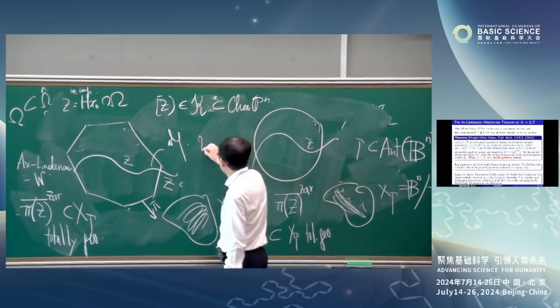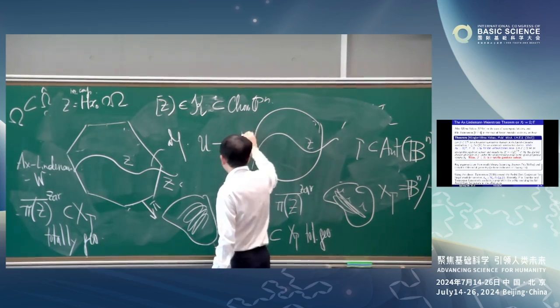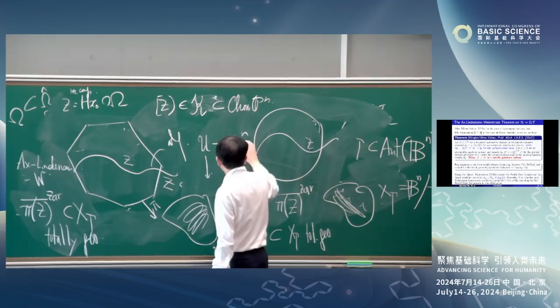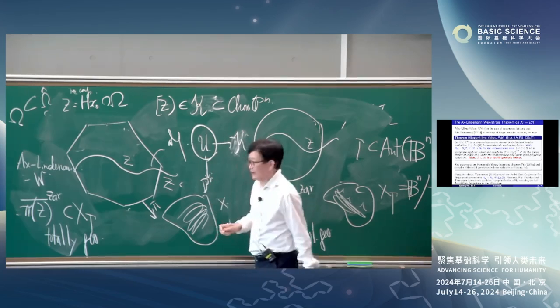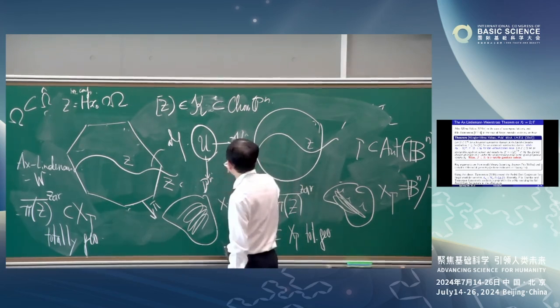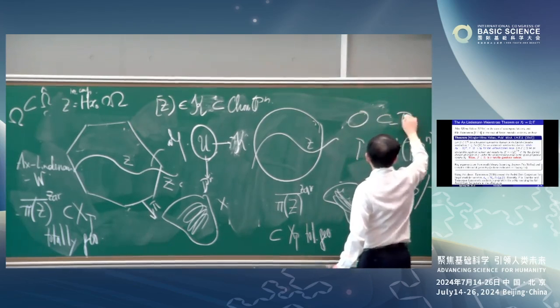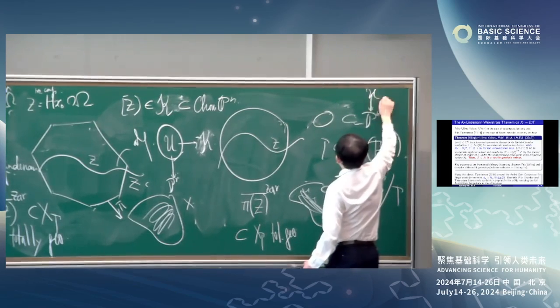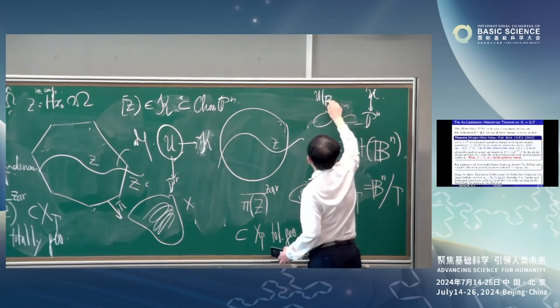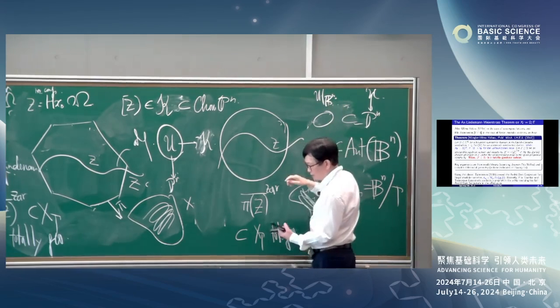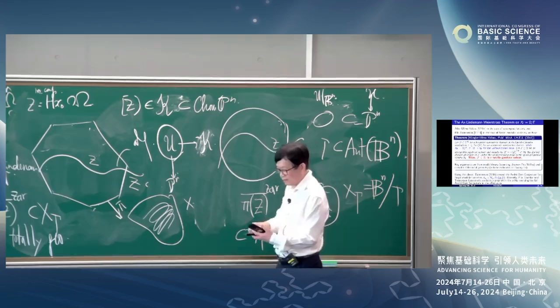You have this universal family going over the Chow scheme K, and this over P^n. You take this U, and now you can restrict U over the ball. So you have the ball inside P^n, and you have U lying over it, and then you can take U restricted to the ball. And then you can now make Γ act on it.